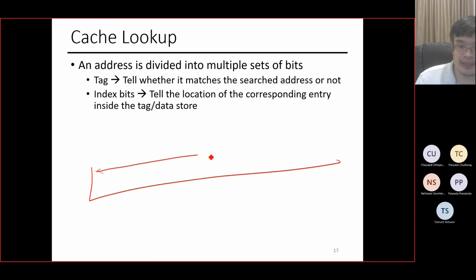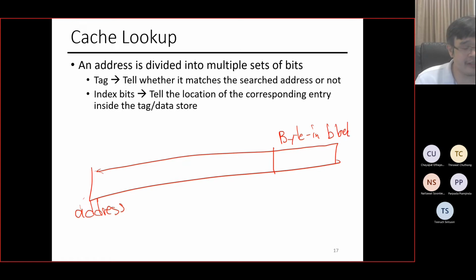So let's say this is your address, right? The rightmost part, I typically call the byte in block. The byte in block is the part of the address that tells you which byte in my cache block I'm trying to access, right? So let's say your cache block is 32 bytes in size.